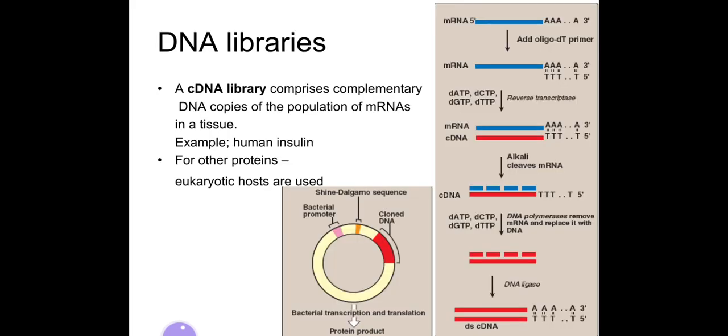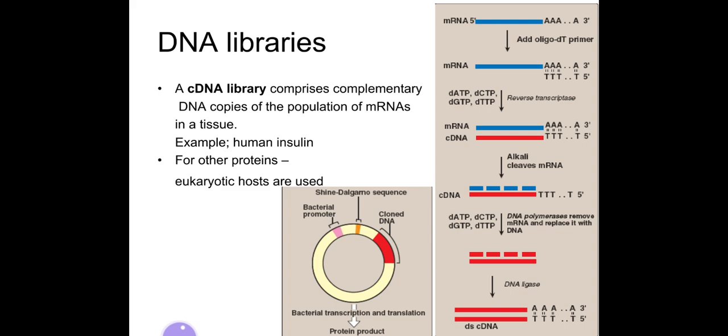Another type of library is the cDNA library. If a protein coding gene of interest is expressed at a high level in a particular tissue, the mRNA transcribed from that gene is likely also present at high concentration in the cells of that tissue.